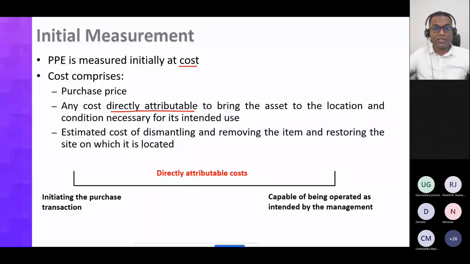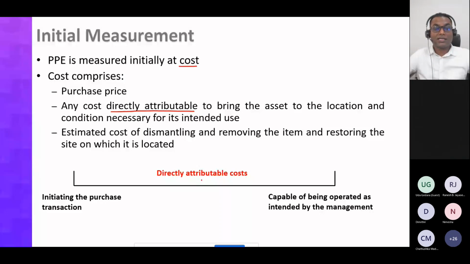Then before looking at the question again, I just need to tell you this particular point as well, especially about the directly attributable cost. So what does that mean? These costs are incurred only because we purchase or only because we construct this particular asset, machinery or building or whatever, right?